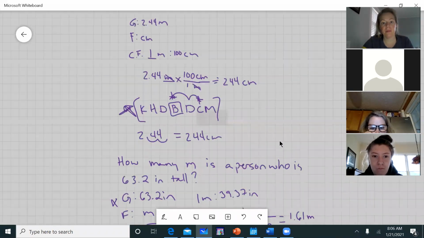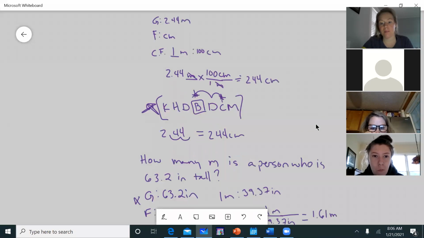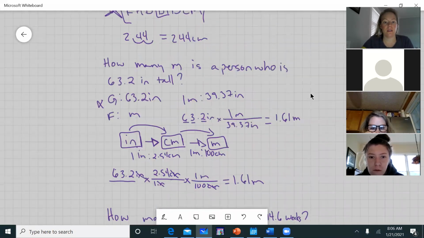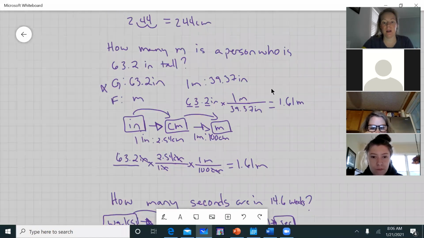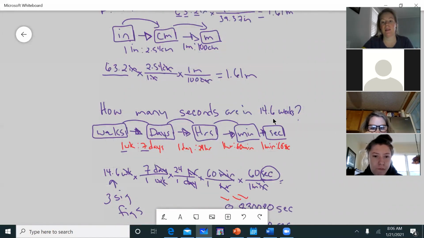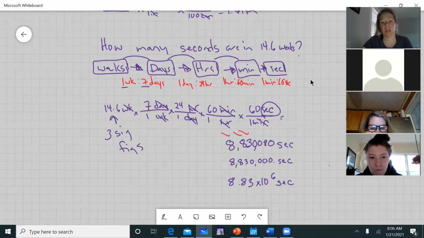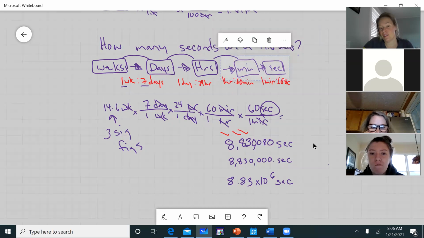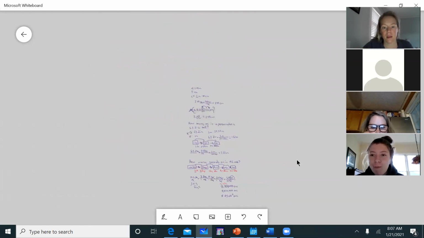It's a little faster. We did a multi-step problem here, how many seconds are in weeks. So we did this nice long chain, and you can keep chaining all those together till you get to the unit you want.